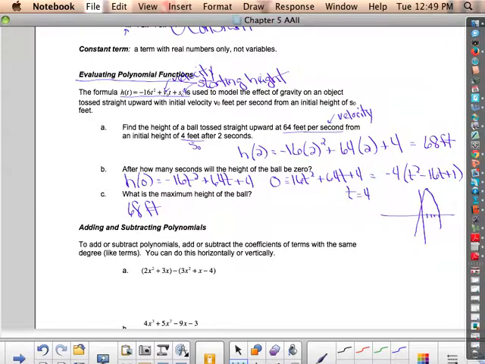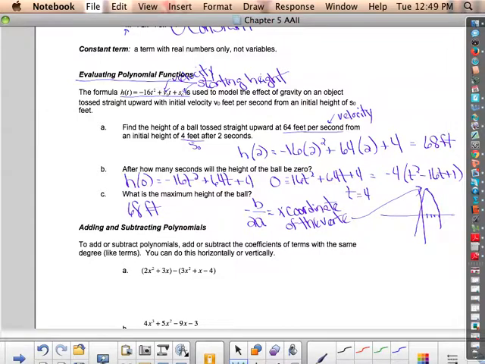And you can find that by taking minus b over 2a. This gives you the x coordinate of the vertex. There's the vertex.